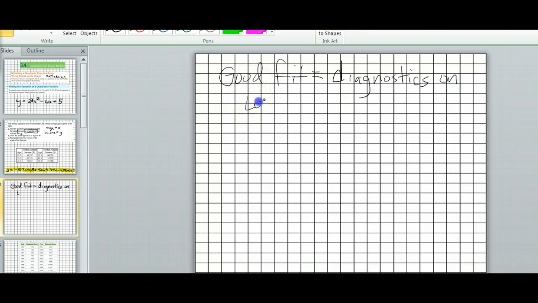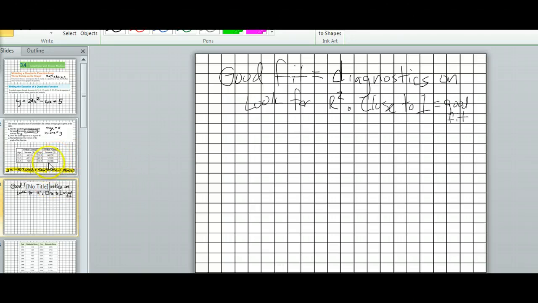And you look for a value we called r squared. R squared is the coefficient of determination, meaning it's the goodness of fit value. Closer to 1, the better the fit. If it's close to 0, not a good fit.